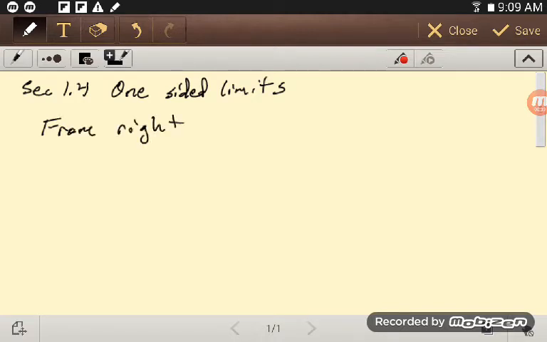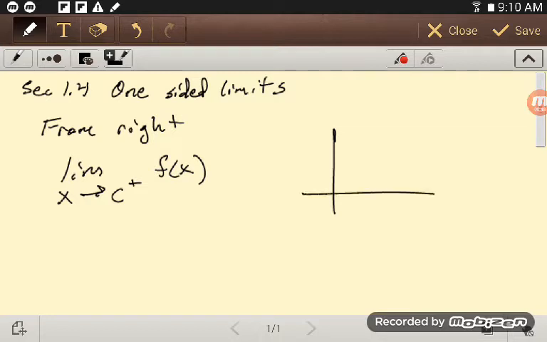what we do is we would say something like the limit as x goes to c, and we put a little plus up here, of f of x. And so what's happening here is there's c, and we are coming in this direction.